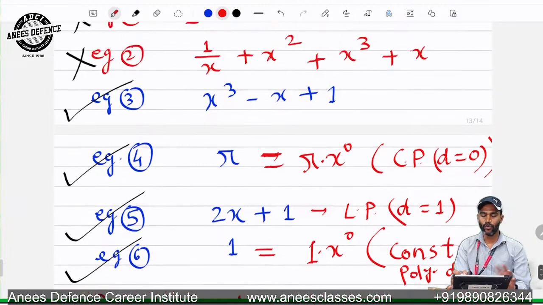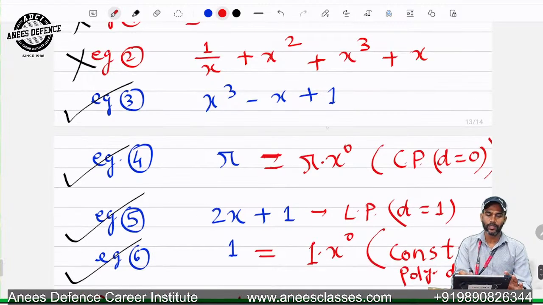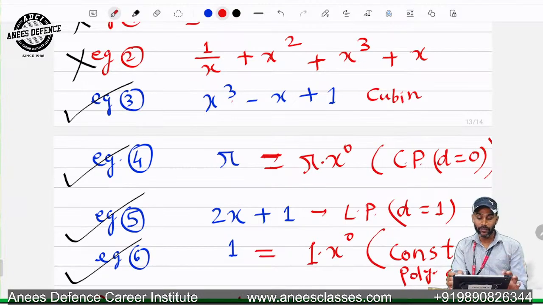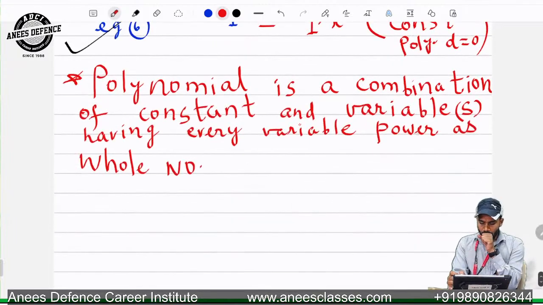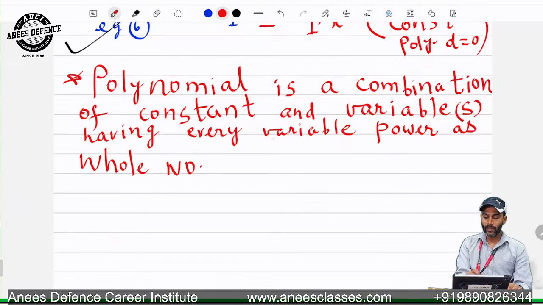Now, what about this? No problem whatsoever in this example. Third one. So this is nothing but a cubic polynomial, because degree is 3. Every term, see here, you have to check every variable in every term. Yes or no?